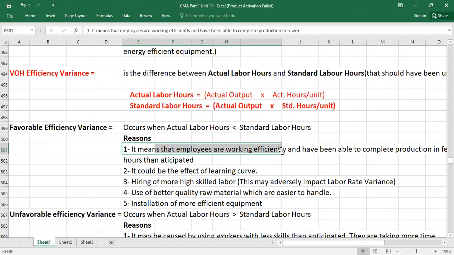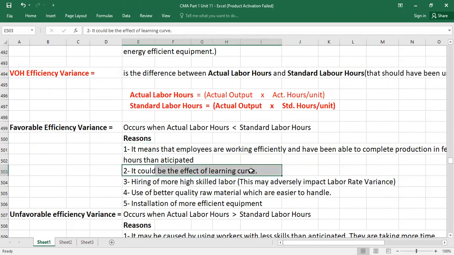So your actual labor hours are less than standard. Maybe your employees are more skilled, so they are taking less time. Second, maybe it could be the effect of the learning curve. With experience, their time to produce the next level of output is reducing.